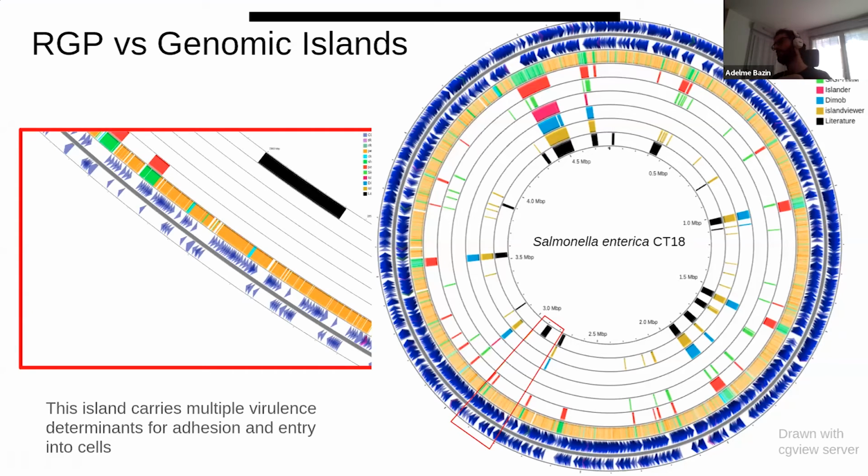This is because it's defined as a genomic island because of the functions that it carries. However, it does not display any GC content variation, and it does not have any integrase genes. And all genomes of Salmonella Enterica that we used to build the pangenome, most of them at least, include those genes. So for this reason, it's not predicted by any tool.